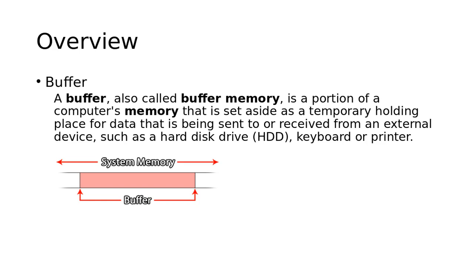What this means is, suppose you have a memory, and there you allocate some space to hold some data temporarily, which can come as input from the keyboard, as output to a printer, or as data from your hard disk. If this is the system memory and we allocate some space in it, this is called a buffer.